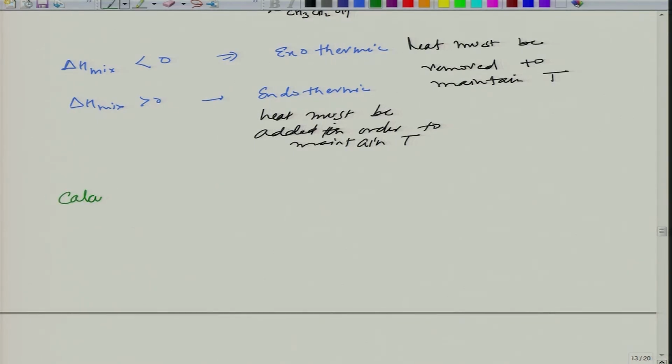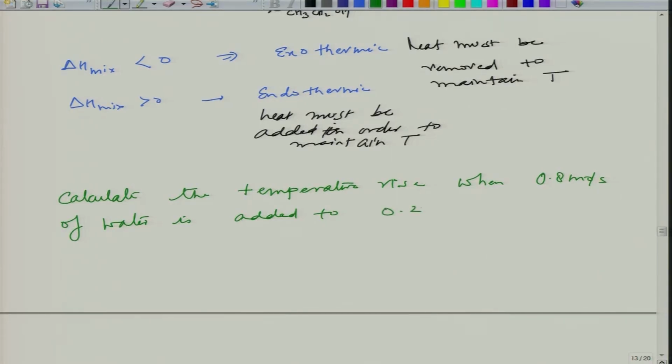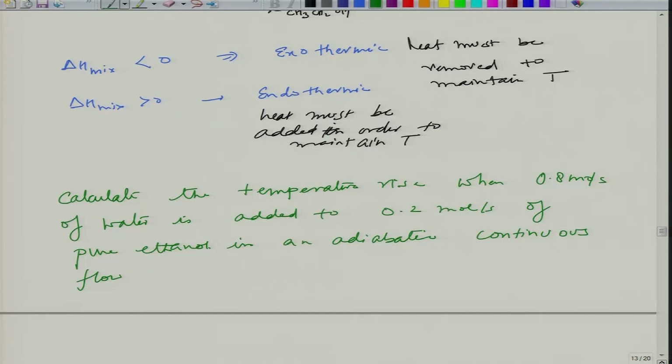It is to calculate the temperature rise when 0.8 moles per second of water is added to 0.2 moles per second of pure ethanol in an adiabatic, so basically Q is 0 in such a case, continuous flow process.